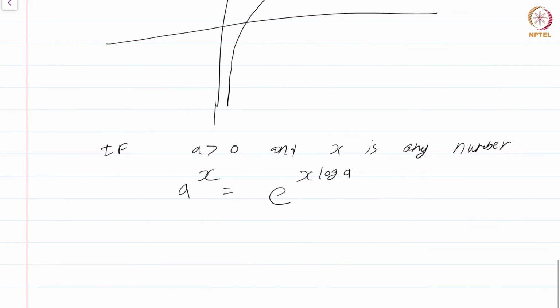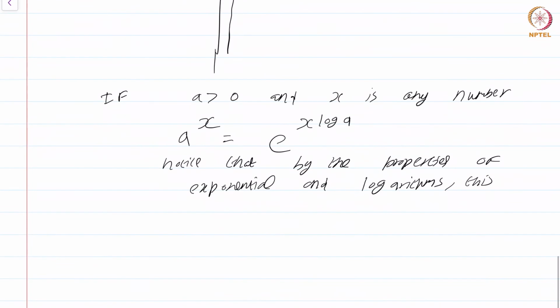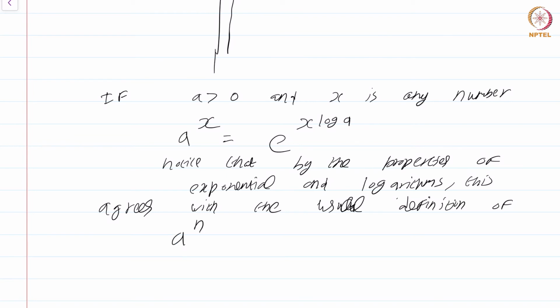Now notice that by the properties of exponential and logarithms, this agrees with the usual definition of a power n when n is coming from the integers.